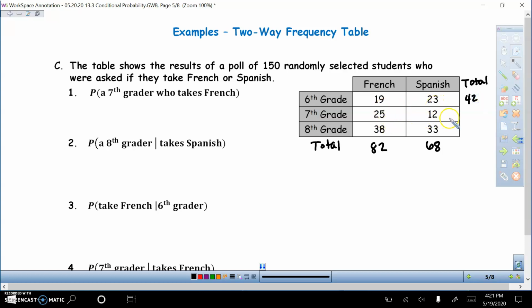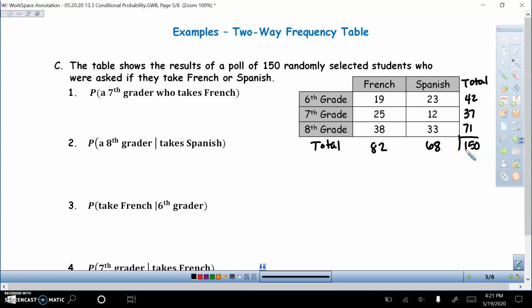There were 37 7th graders surveyed, and 71 8th graders surveyed. Just double check: if you add up all three of these numbers, that's 150. If you add up these two numbers, that's also 150.